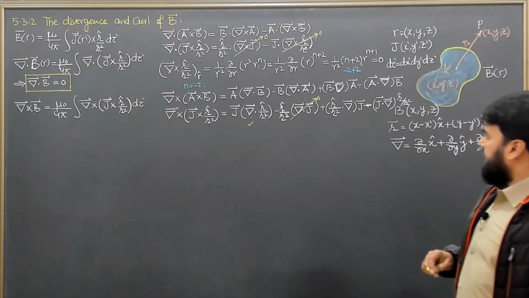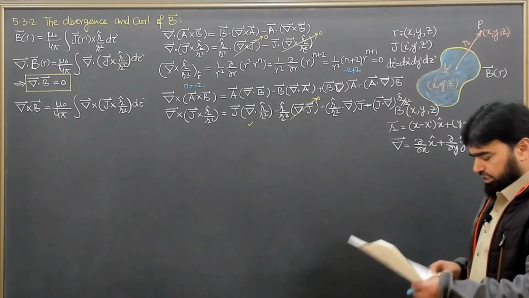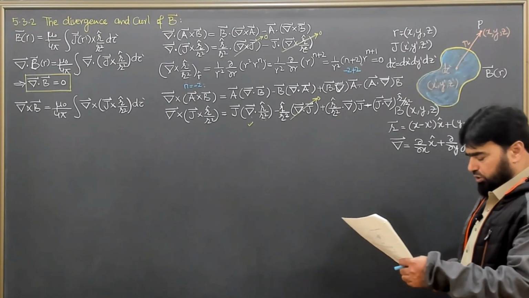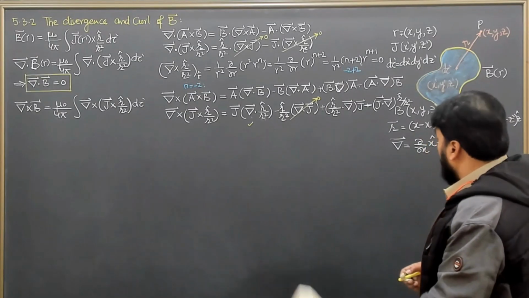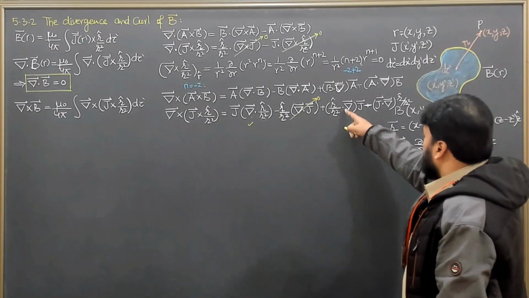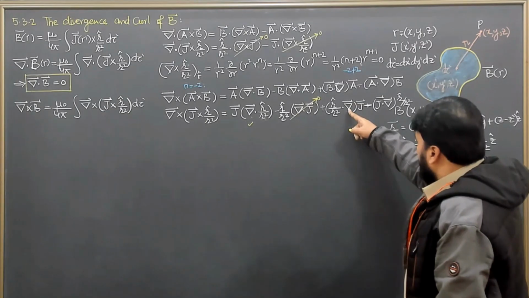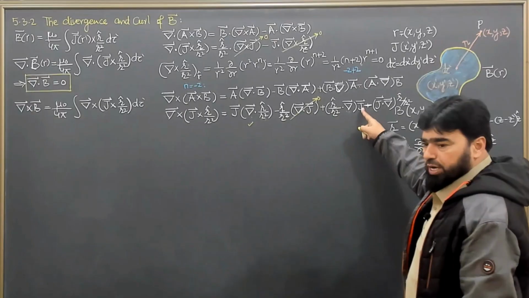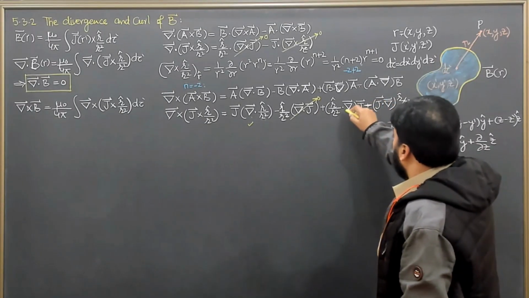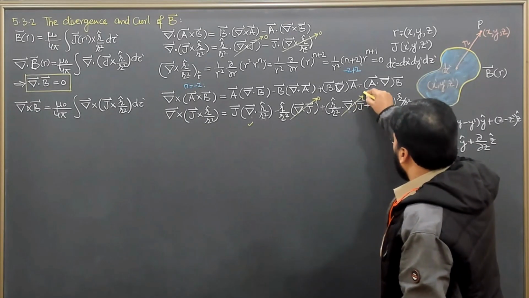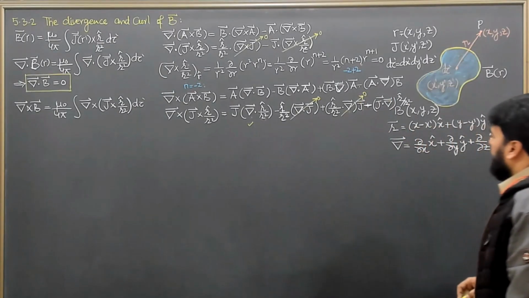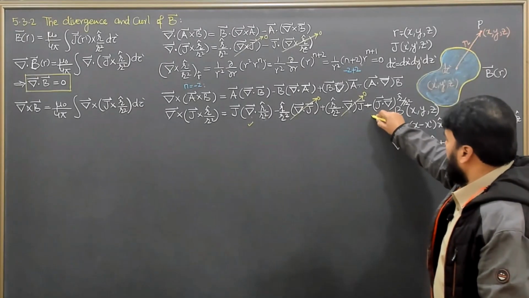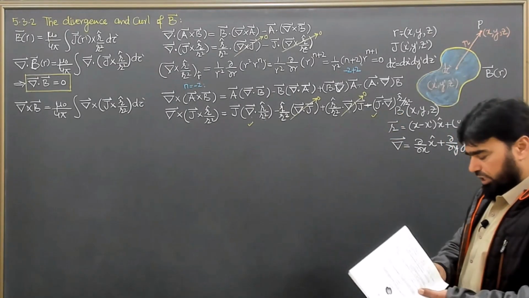For the other term, the del operates on J in a dot product, so this is also equal to 0. We are left with these two results, which we will calculate.